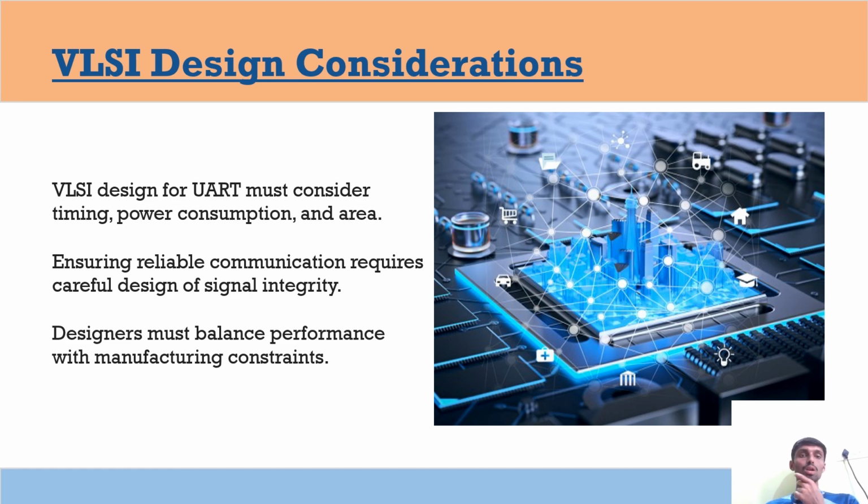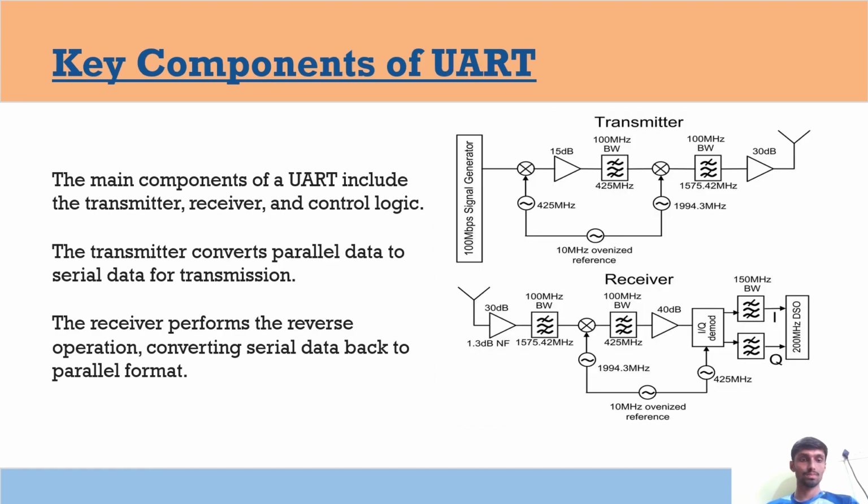And coming to the VLSI design considerations, the VLSI design of UART must consider timing, power consumption, and area. Ensuring reliable communication requires careful design of signal integrity. A designer must balance performance without manufacturing constraints.